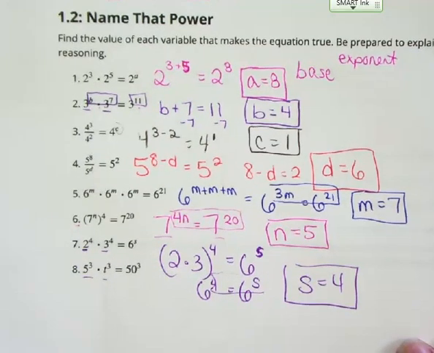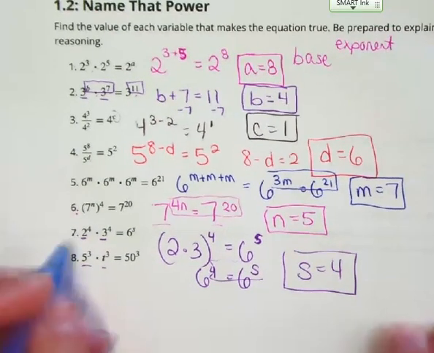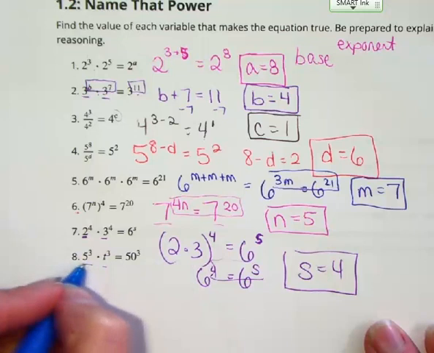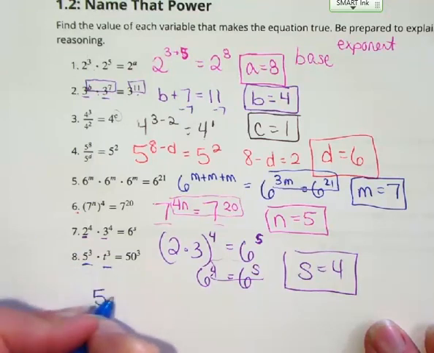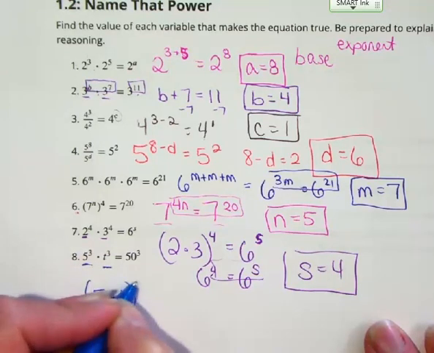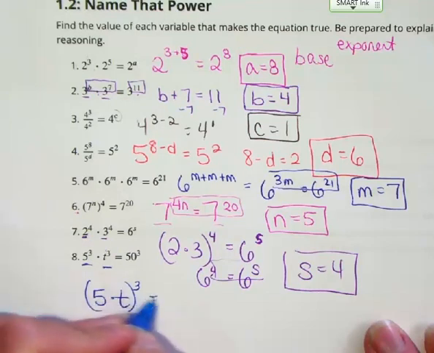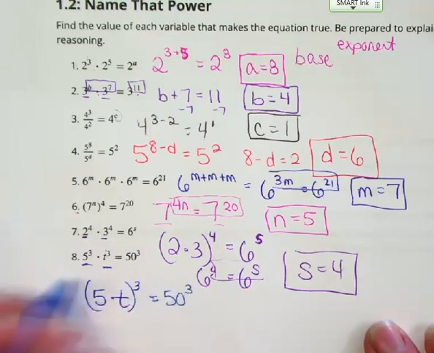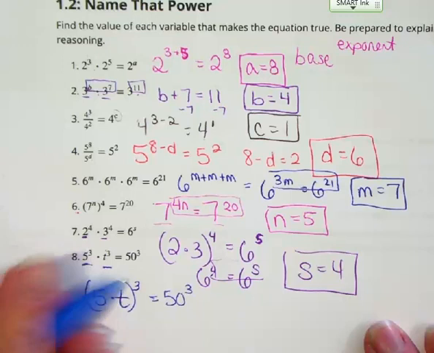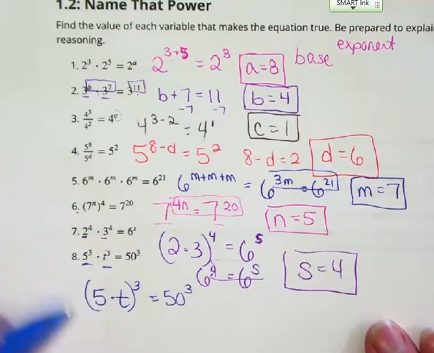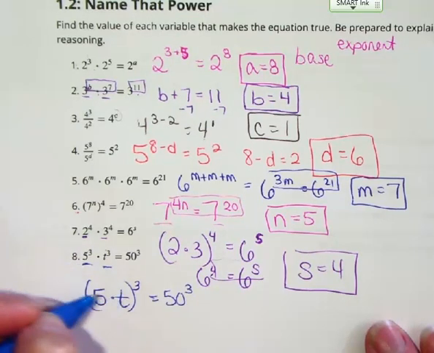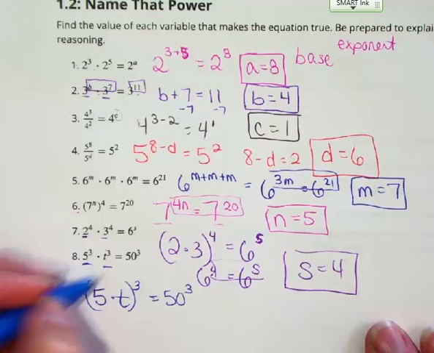And last but not least, number 8, that same kind of rule, that different bases multiplied together, as long as they're the same exponent, these both have an exponent of 3, we can multiply them together first and then raise them up to a different exponent. You may also notice that we can do any of these rules backwards too.